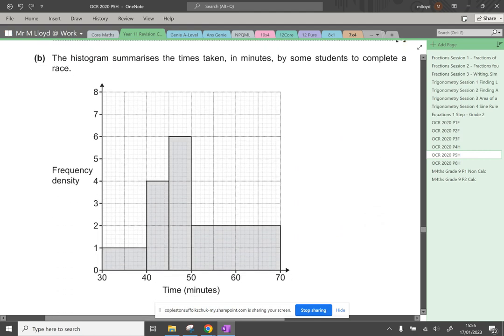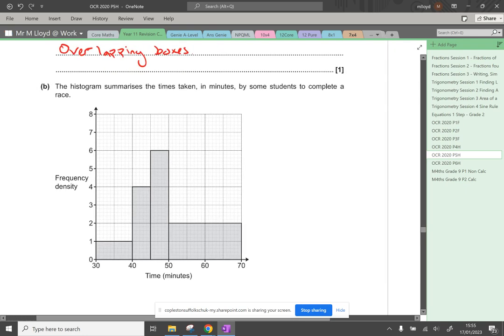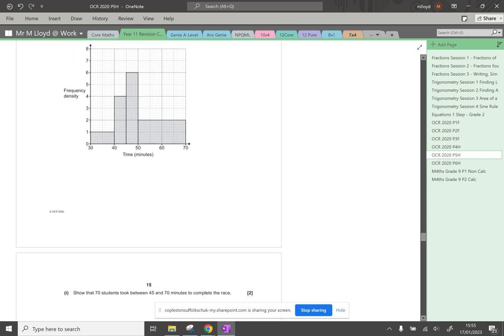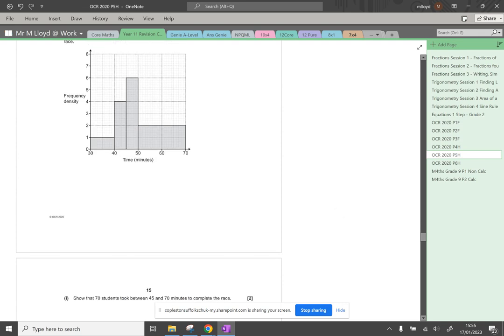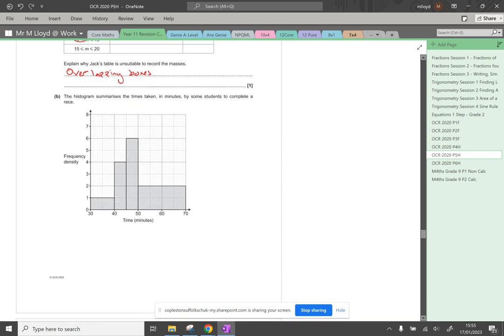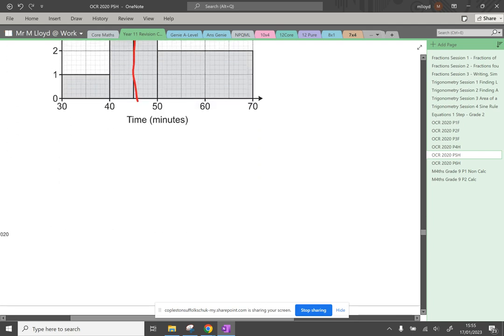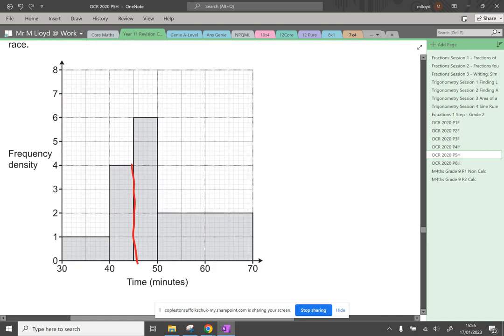The histogram summarizes the times taken in minutes by some students to complete a race. Okay, very nice. Where's the question at? Scroll down. Show that 70 students took between 45 and 75 minutes. So 45 is here. 75? Have I read that wrong? 45 and 70. Okay, so I need these two boxes.